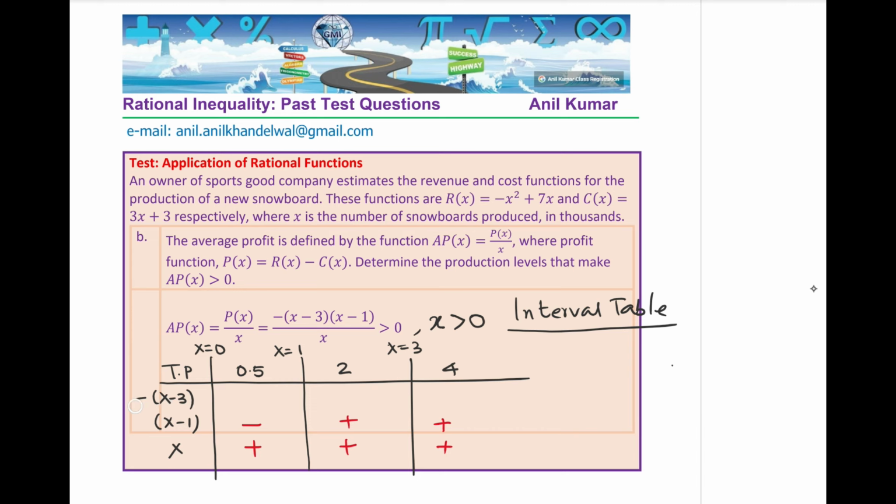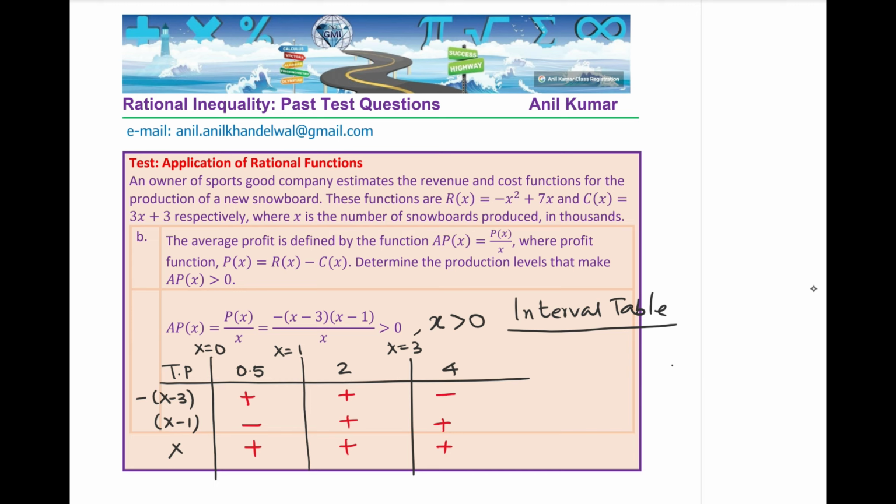However, for minus (x minus 3), if I put 0.5, I get a negative value, but with the negative outside, it makes it positive. So we get positive here. With 2, 2 minus 3 is negative, however we get positives because of the negative sign outside. With 4, 4 minus 3 is positive, but multiplying with the negative number will make it negative.